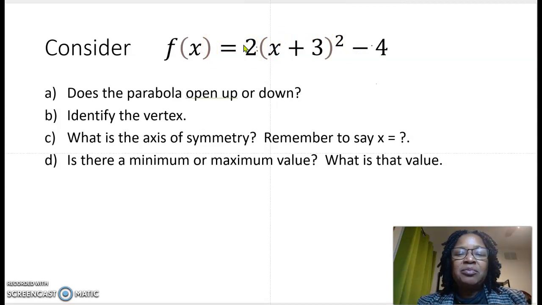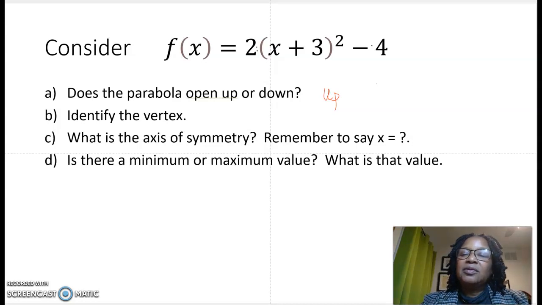So, does the parabola open up or down is the question. The answer is up. How do we know?